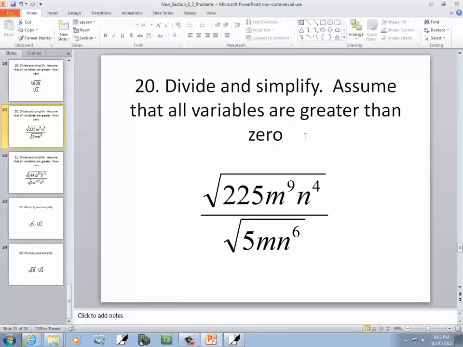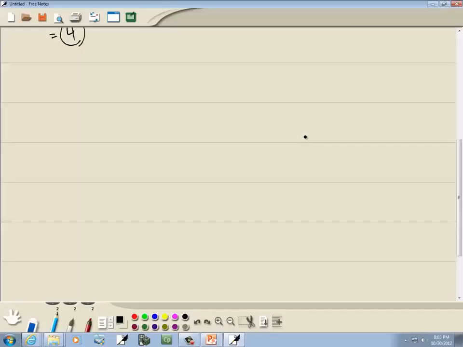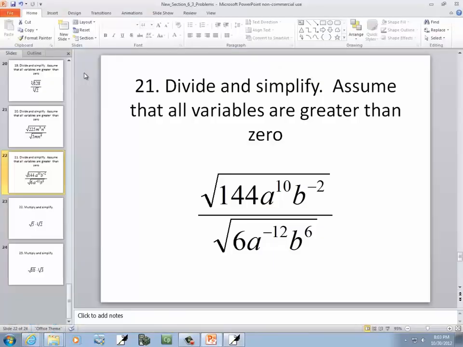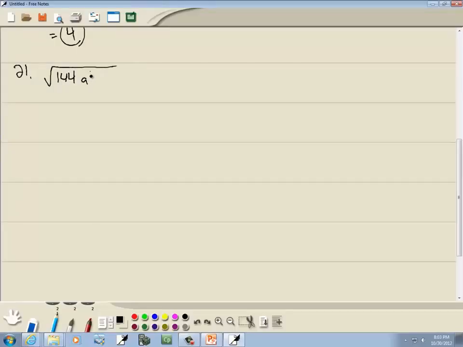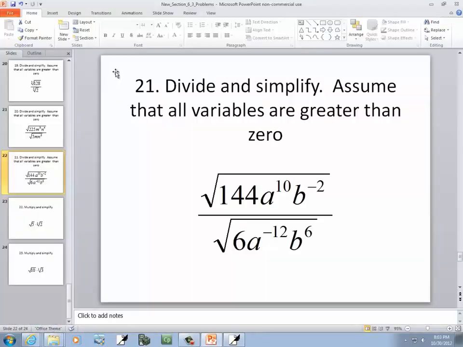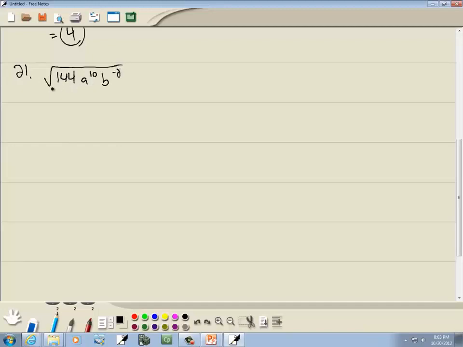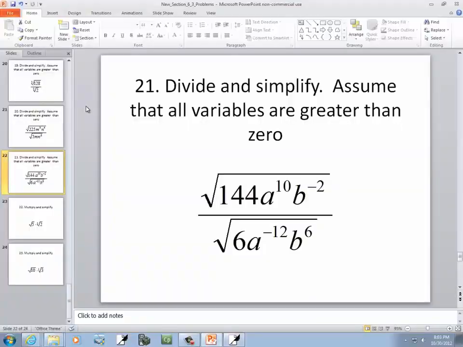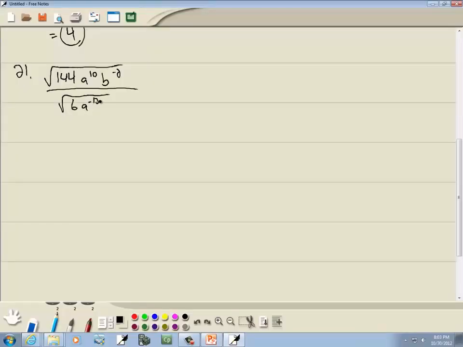Let's take a look at one more of those. So we've got square root of 144, a to the 10th, b to the negative 2, over square root of 6, a to the negative 12, b to the 6.